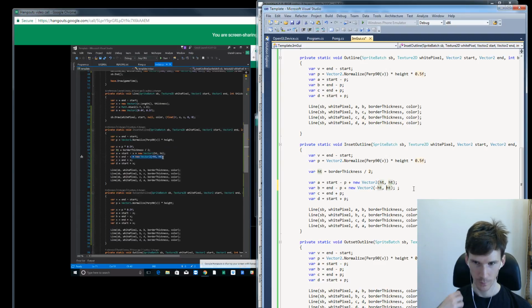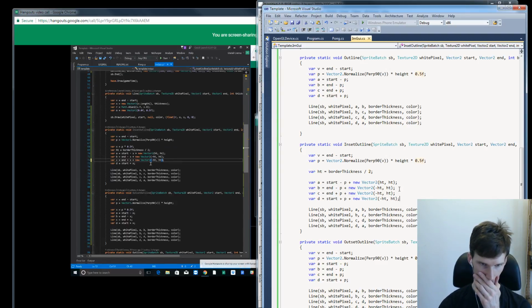Then for C, I would need to pull it back, and for y, I need to actually subtract to go backwards there. Then D is basically I need to push it forward positively on the x-axis and pull it back negatively on the y.